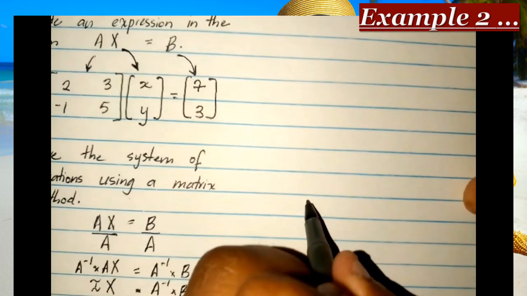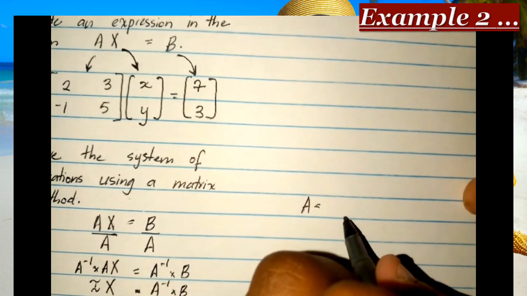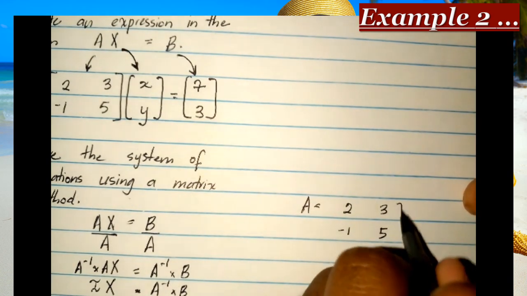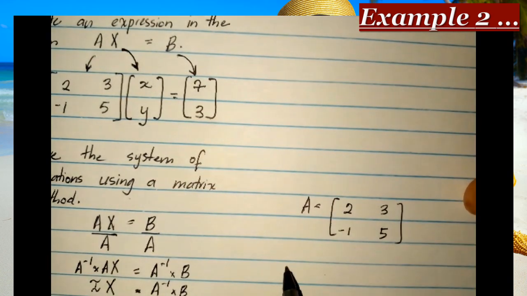I'm going to take back the A matrix. A was 2, 3, -1, and 5. And I'm going to try to find its inverse.